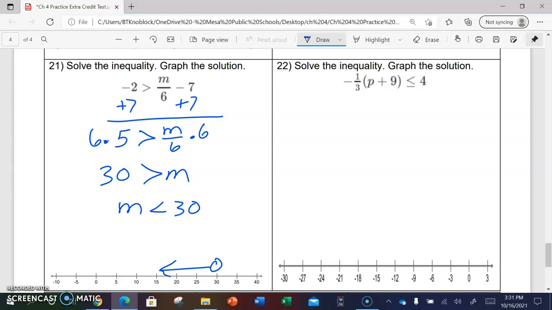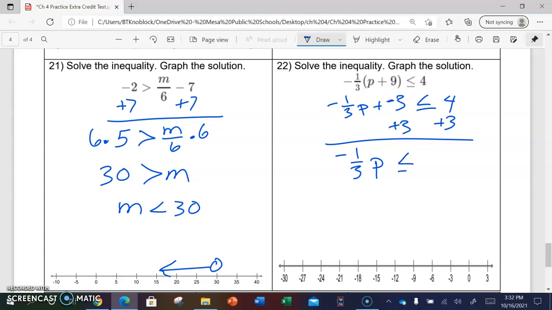This one, let's go ahead and multiply negative 1/3 times this, so negative 1/3 p plus negative 3 less than or equal to 4. So then to get rid of this negative 3, you go plus 3. So I get negative 1/3 p less than or equal to 7.